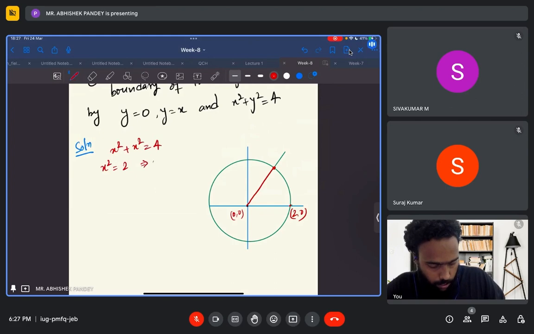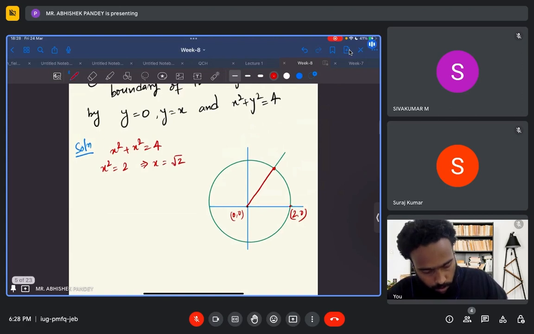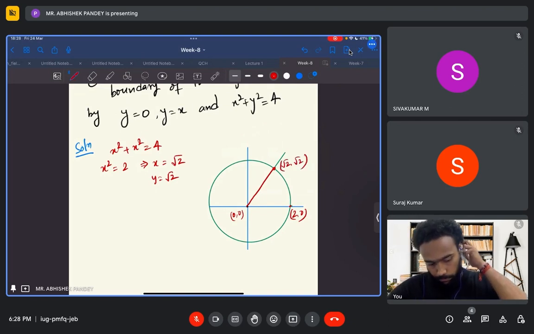This implies x equals root 2, so y is also root 2. So this point is root 2 comma root 2.